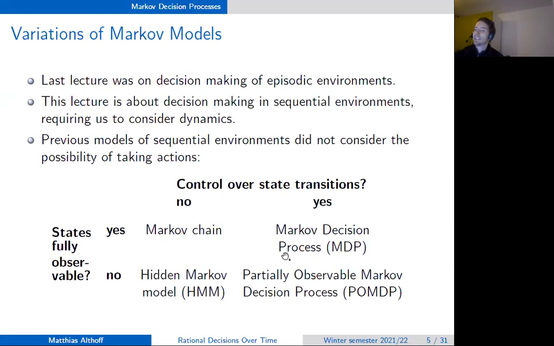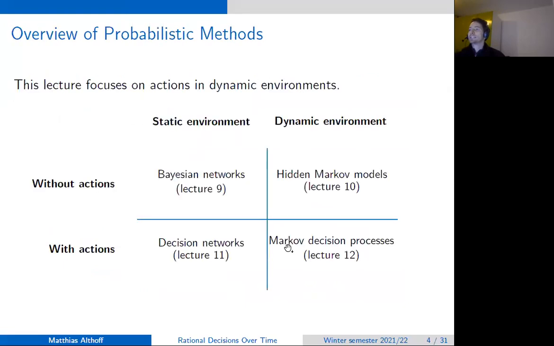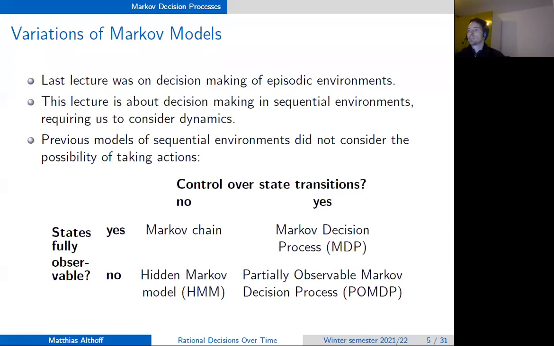Then if the state is fully observable, we have Markov decision processes. And if the state is not fully observable, we have partially observable Markov decision processes, which are excluded now from this lecture. Okay. Just as another overview, this overview is kind of zoomed in from the previous one, where we just look at the different Markov models.